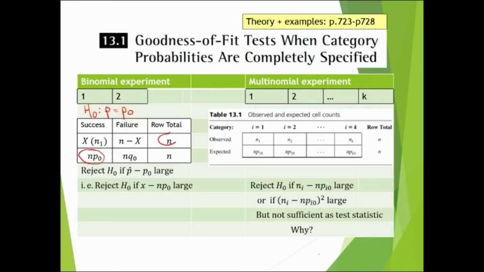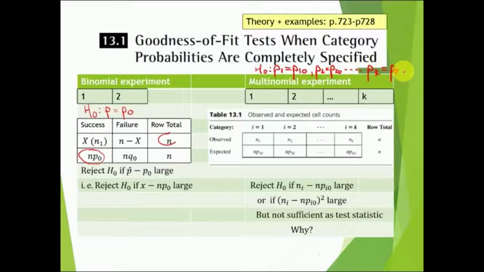Similarly, for the multinomial experiment, under the null hypothesis, we are saying that the first probability is equal to a specific value. The second probability is equal to a specific value. And this will be given.